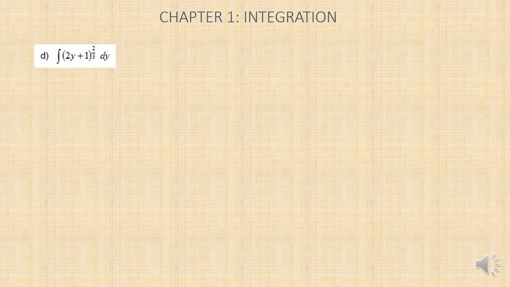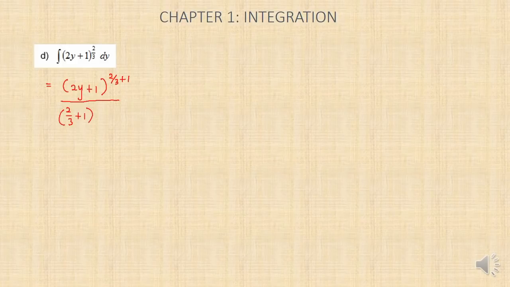And for example D, integrate 2y plus 1 power of 2 over 3 with respect to dy. According to rule number 5, okay, we can directly integrate. So we have here 2y plus 1, okay, with power n as 2 over 3, so we just add 2 over 3 plus 1 divided by 2 over 3 plus 1.